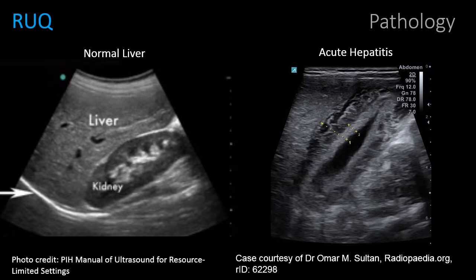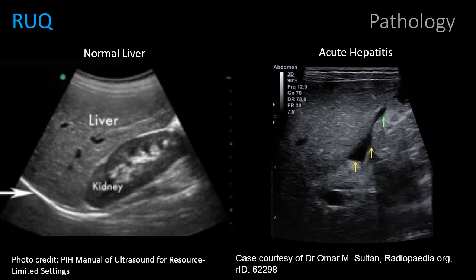And then next we can see that the wall of the gallbladder is significantly thickened. And we can also appreciate some pericholecystic fluid. And so these are classic features of acute hepatitis as seen by ultrasound.